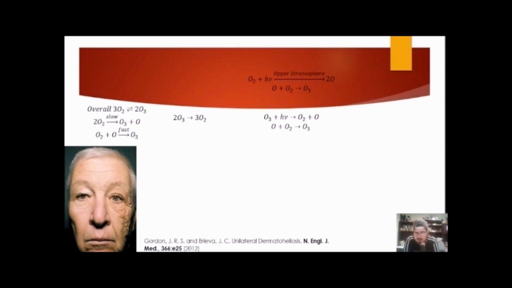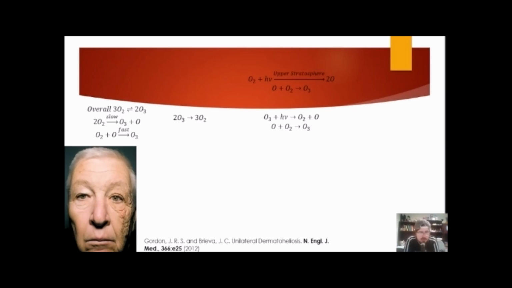Now, long-term exposure to UV radiation can cause premature aging and skin cancer. And that's just from the weak UV rays that get through. Intense solar radiation would be lethal to all forms of life. Thankfully, it's filtered out by the ozone layer.